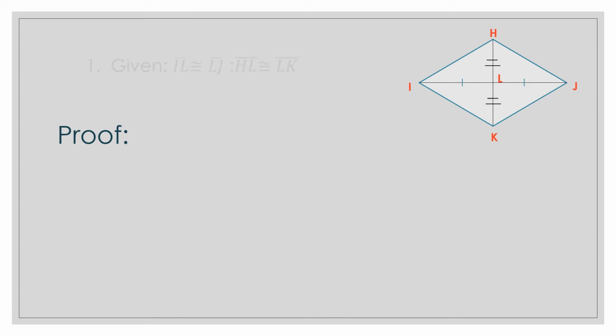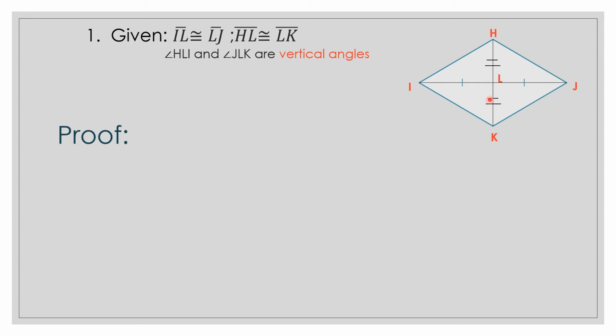Okay, let's have an example. Given IL is congruent to LJ and HL is congruent to LK. Also, HLI and JLK are vertical angles.